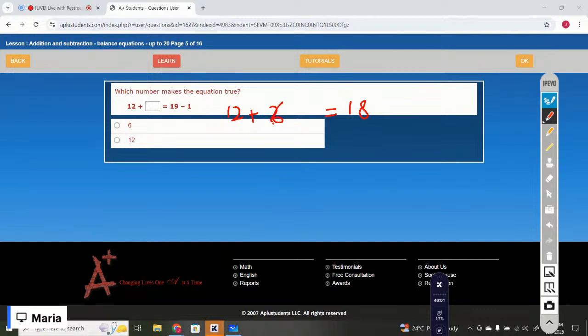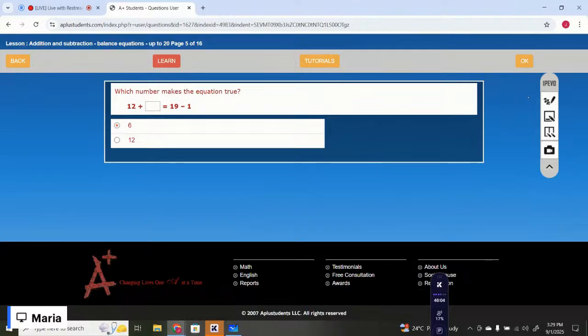That is 12 plus 6 is 18. So the missing number is 6. Option number 1 is the correct option.